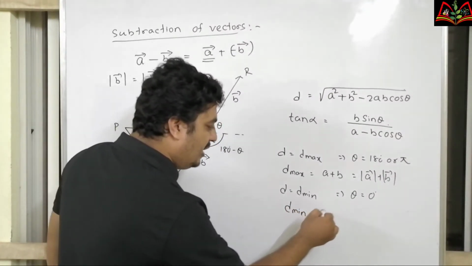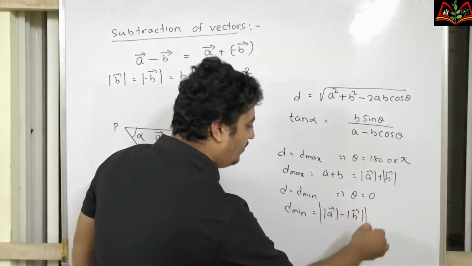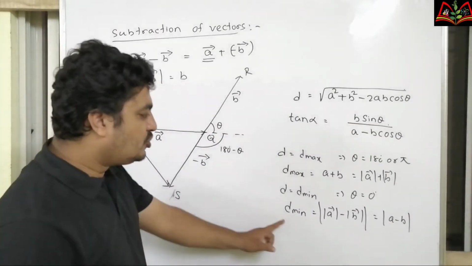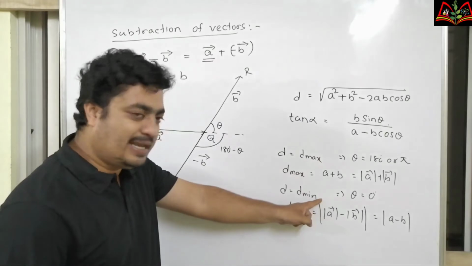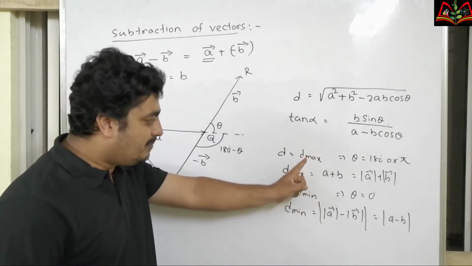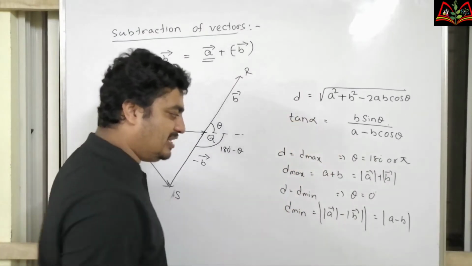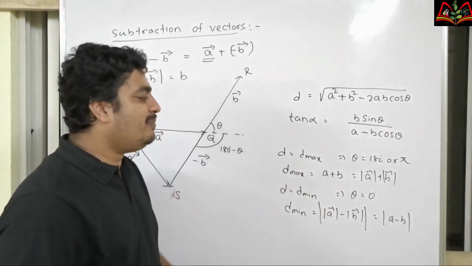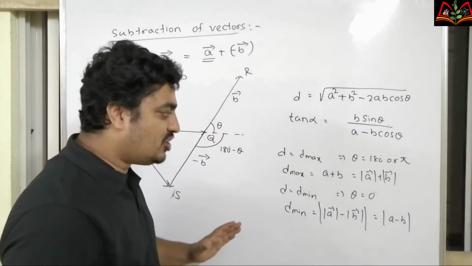So D minimum will be mod of A minus mod of B, whole mod, or we can say A minus B mod. So here the cases of maximum and minimum are the same. The magnitude of maximum difference is the same as the magnitude of maximum resultant. The magnitude of minimum difference is the same as the magnitude of minimum resultant.